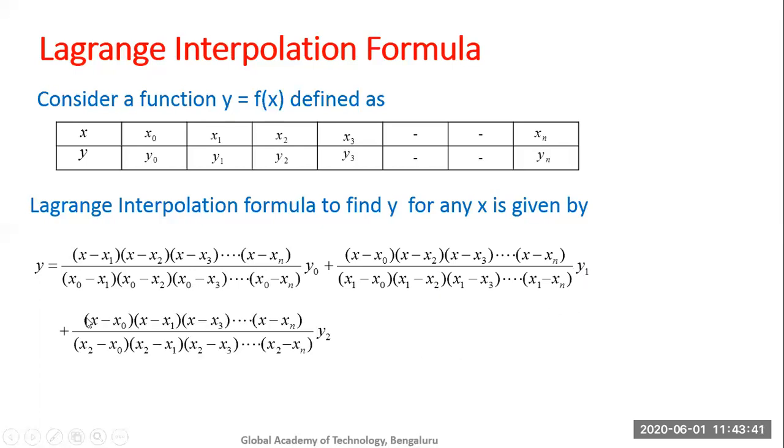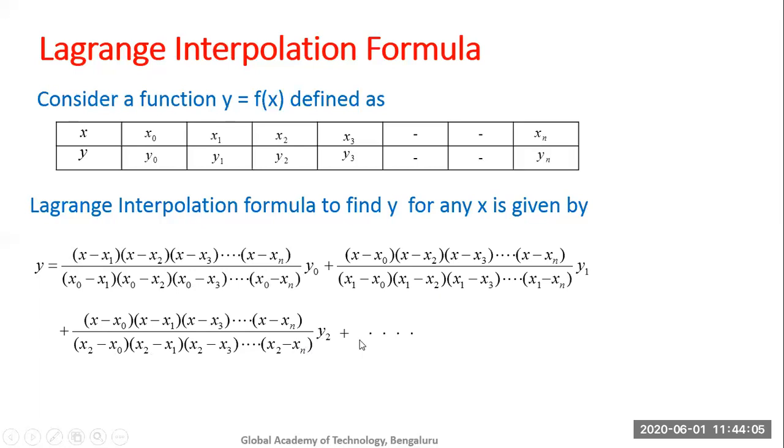Similarly, the third term is x minus x0, x minus x1. Don't take x minus x2, so directly x minus x3, up to x minus xn. In the denominator, x2 appears in place of x: x2 minus x0, x2 minus x1, x2 minus x3, up to x2 minus xn, multiplied by y2.